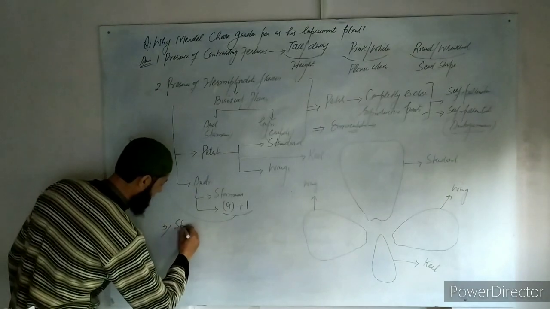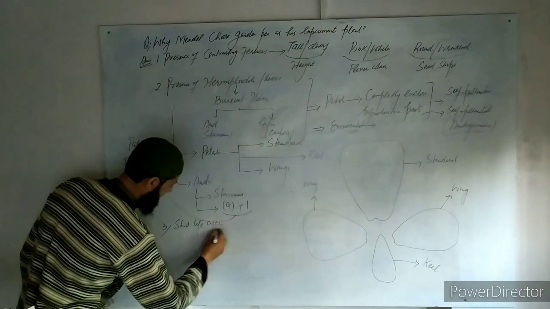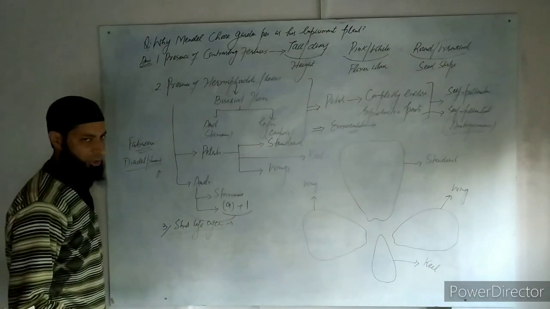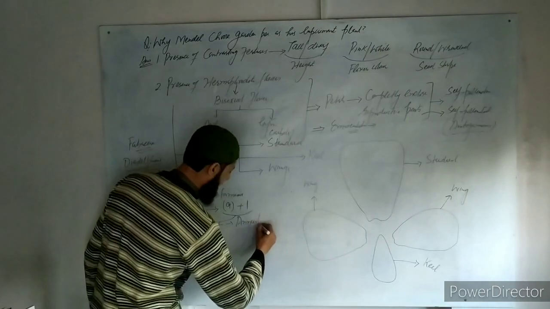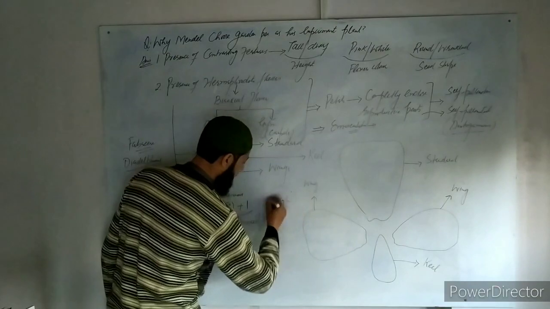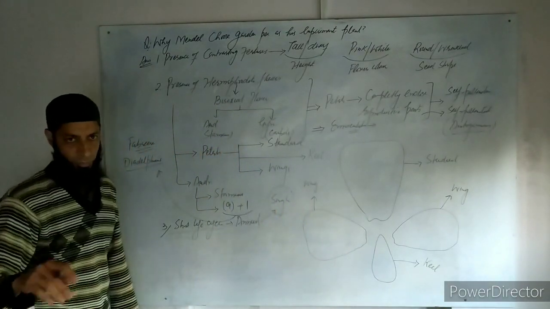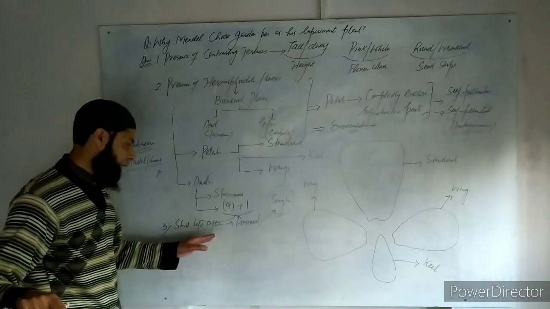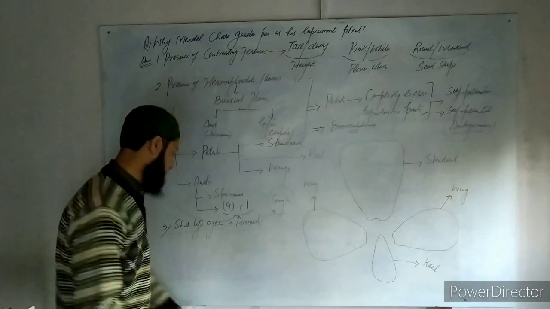short life cycle. Since this plant is an annual, it completes its life cycle in a single season and forms new seeds in the same season. That means the life cycle is very short and we can get a number of seeds in the same year.